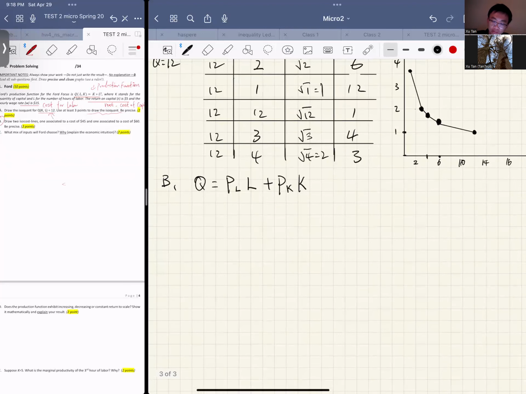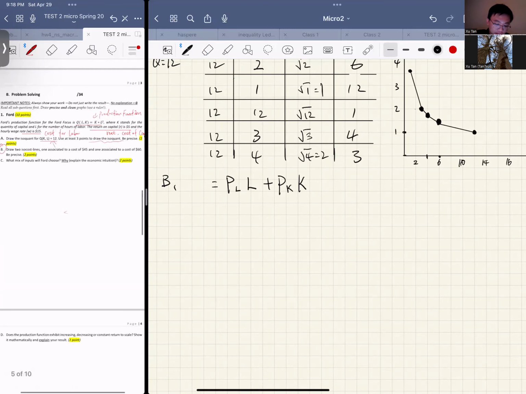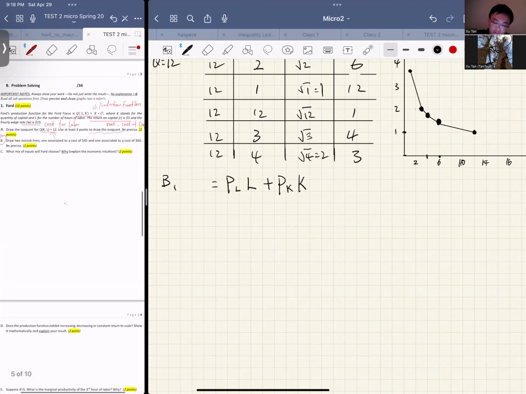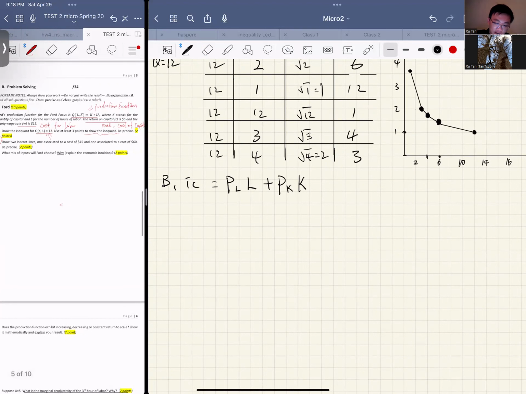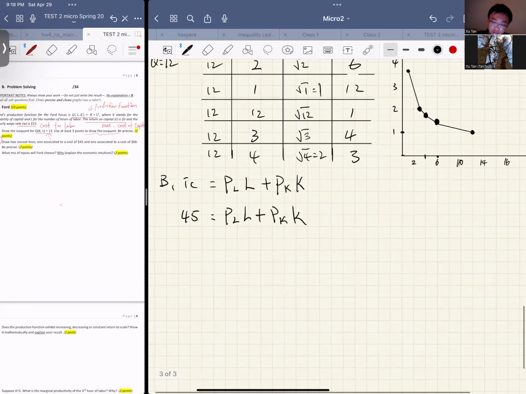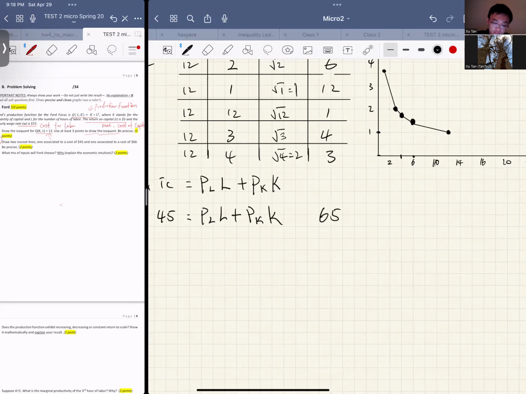It's the cost, so it's the total cost. In this case, we have 45 equals PL plus PK K. And then we have another function, it's 60, equals price of labor times quantity of labor plus price of capital times number of capital, okay?